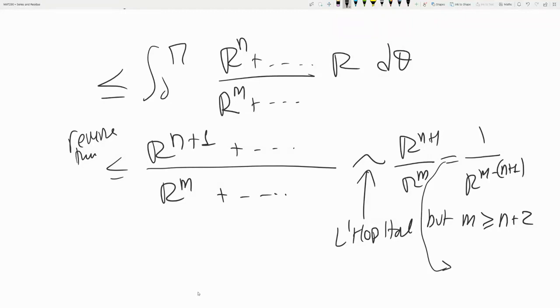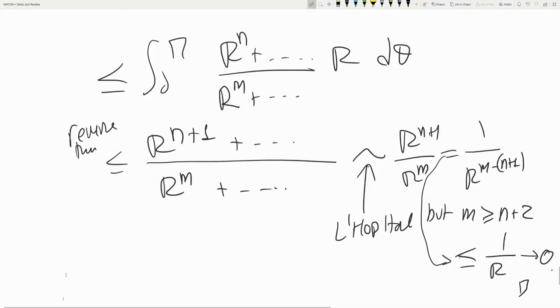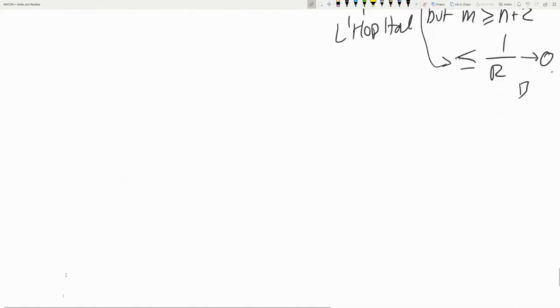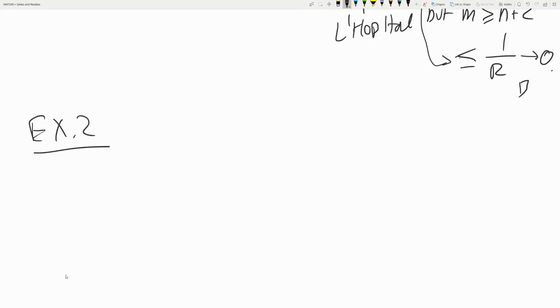So this is R^{-1}, less than R, which goes to 0. Okay, all right. Okay, let me do one more example and that's it. Just to showcase this lemma.